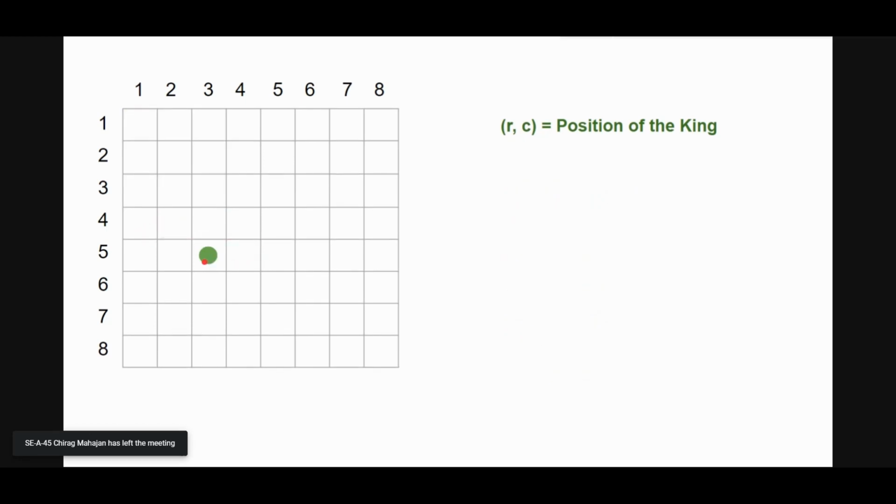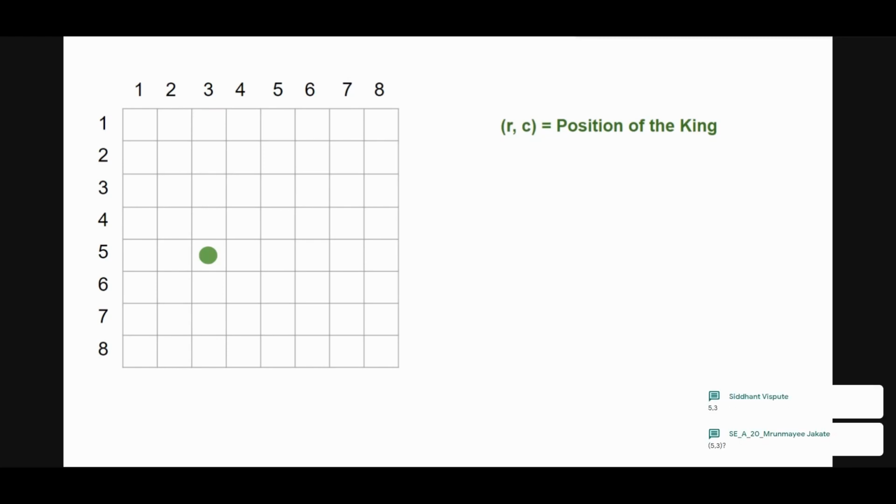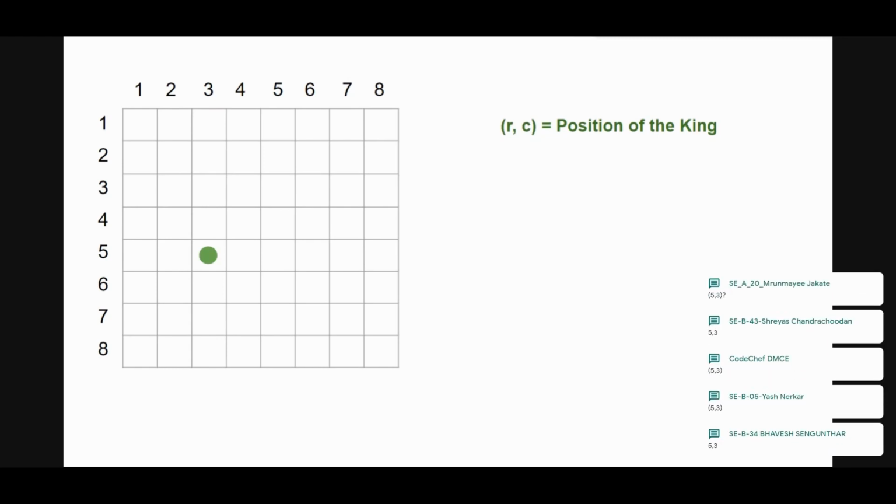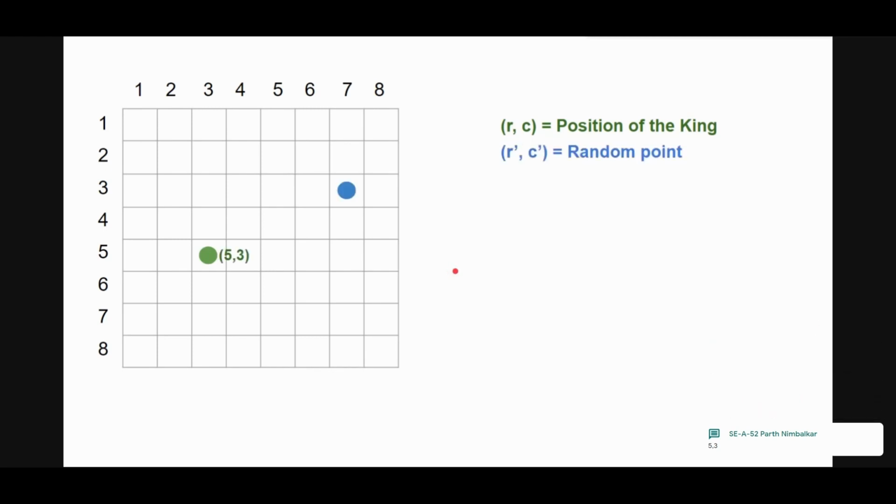So can anyone tell me what is the position of the king in this diagram? 5 comma 3, correct? Yes, right. So for example, let's assume a random point.